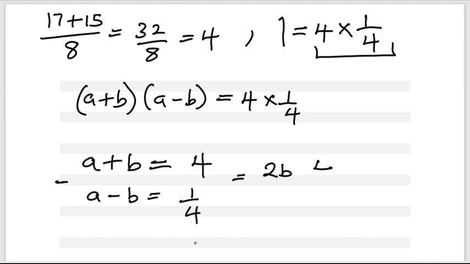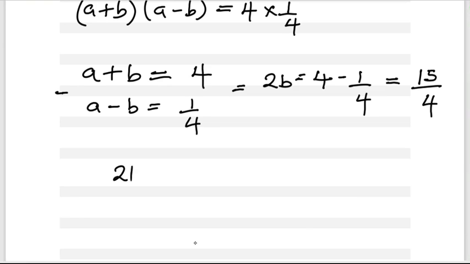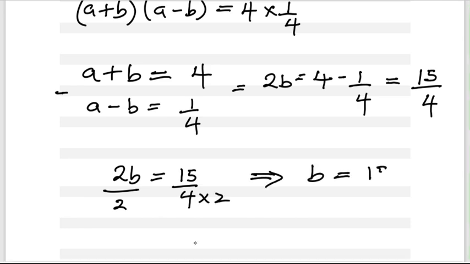And we have this equals 4 minus 1 over 4. And if you solve this out, this will give you 15 over 4, okay? So we have that 2b equals 15 over 4. Divide this by 2, divide this by 2. You will obtain that b equals 15 over 8.